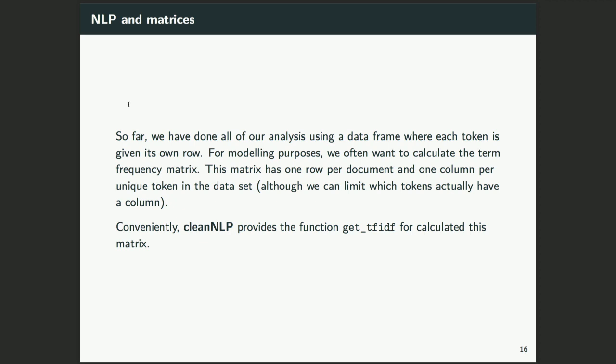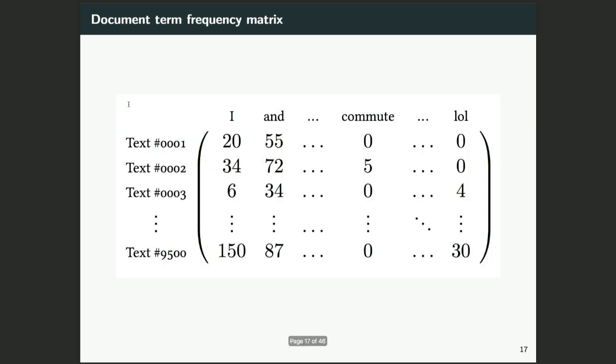The reason it's harder in text analysis is that the unit of analysis in our data frame is a token. But usually when we're building models, the level of analysis is the whole document. I want to predict something about the document, or maybe a paragraph or a sentence, but not the token itself. So I need a way of summarizing all of the rows about that document as a matrix that has features that I can learn on.